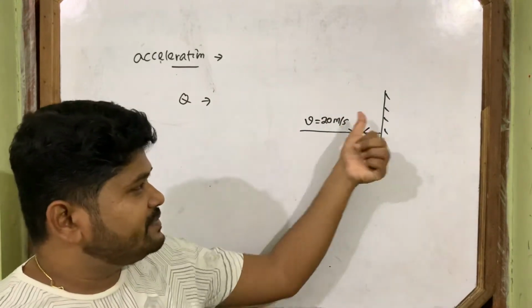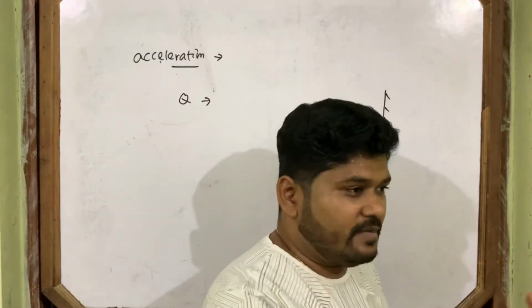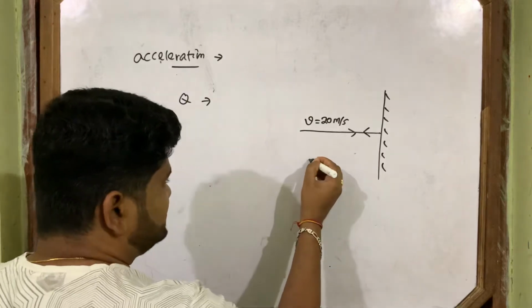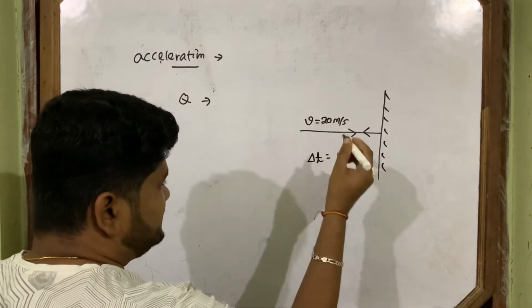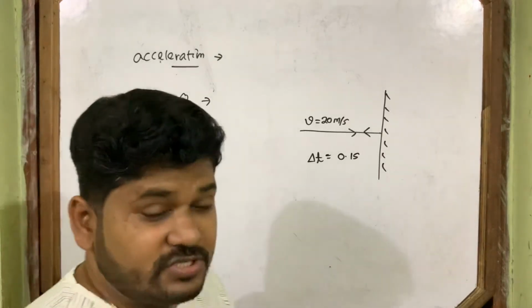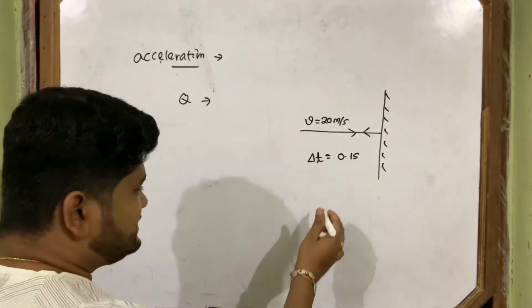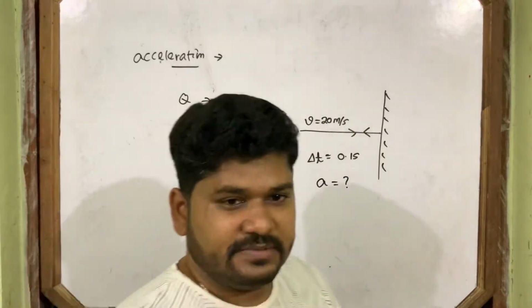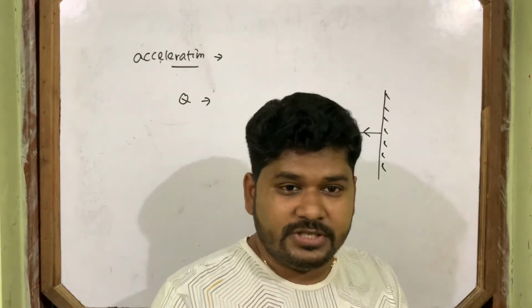The time of interaction del t is 0.1 second. My question is, find the acceleration here. Let's do this question.